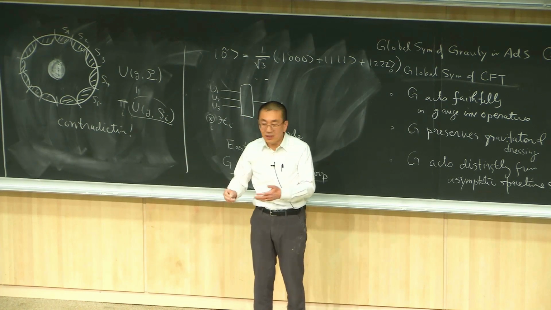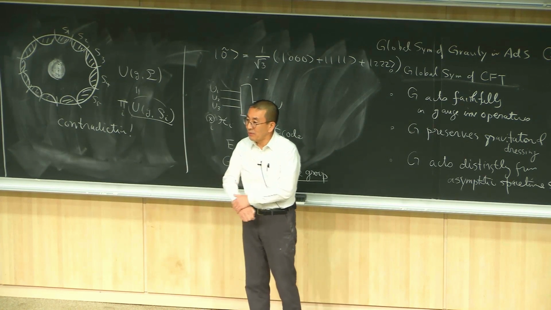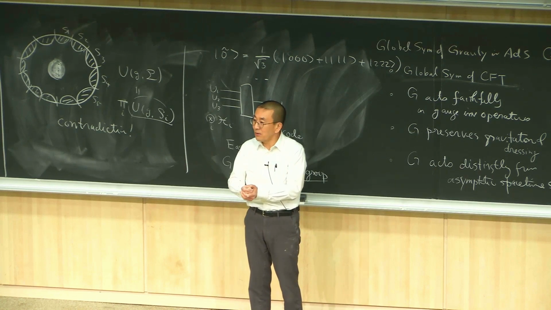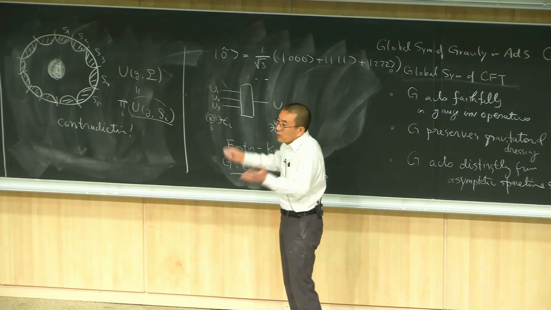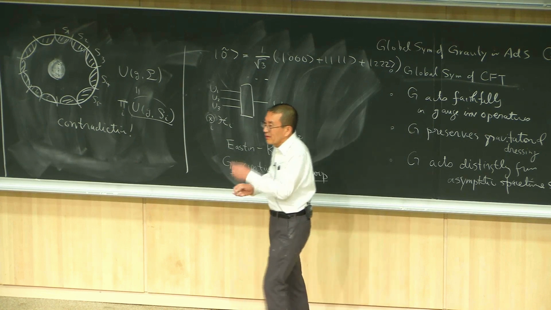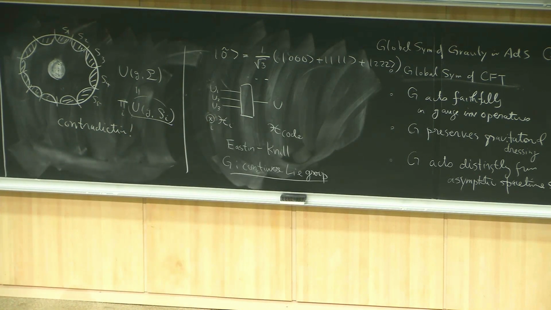One is, as I said yesterday, that it can be broken at high energy by some higher dimension operators or something. Or it can actually be a gauge symmetry in disguise. But I cannot tell you when this happens. Okay?